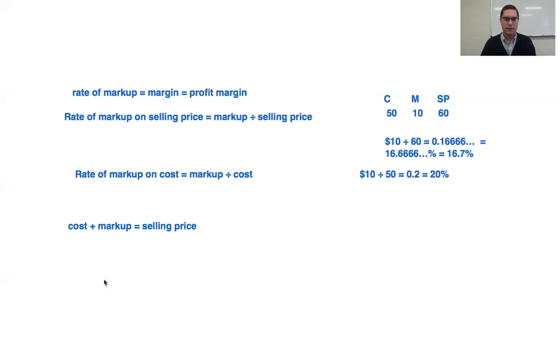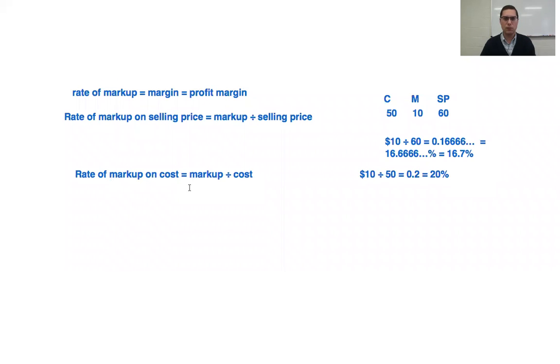If you know any two of these, you can find the missing one doing a little algebra. The yellow box on page 535 gives you some formulas that you can use to find that. Now, let's do a little bit of that.